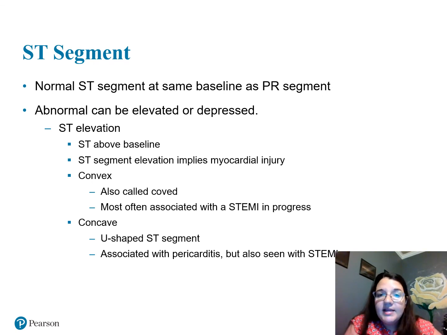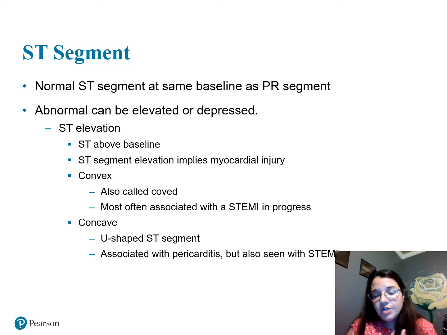So your normal ST segment is at the same baseline as a PR segment. So this is what we normally want to see, right? We want to see the baseline. We want to see the P wave go back to the same level as your baseline for your segment. Your QRS, the next segment is the same as your PR, your T wave. If that is all within the same, they look like the same.